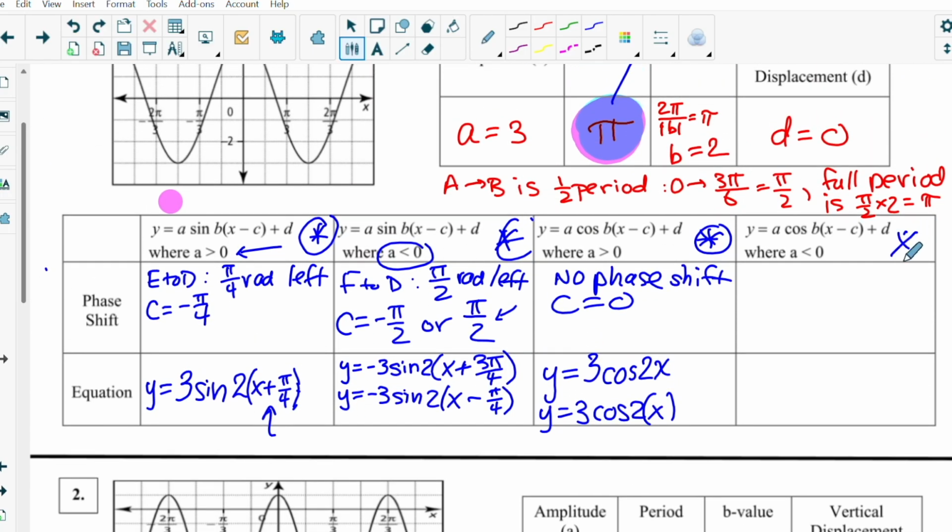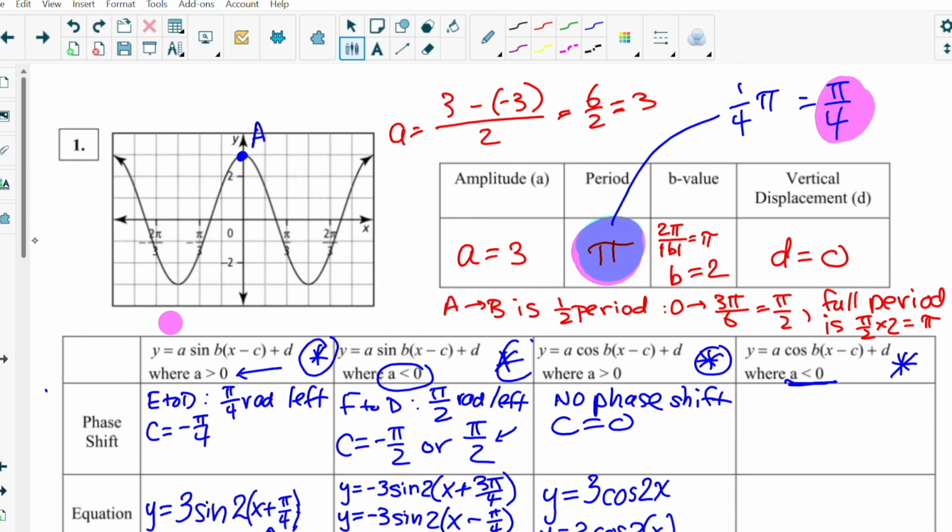Okay, last one here. Y equals A cosine of B times x minus C plus D. Now we're going to reflect the cosine function, and then what is that phase shift that is necessary? So I have point A, and I'm going to draw point B prime here, and then draw in the reflected cosine function here.